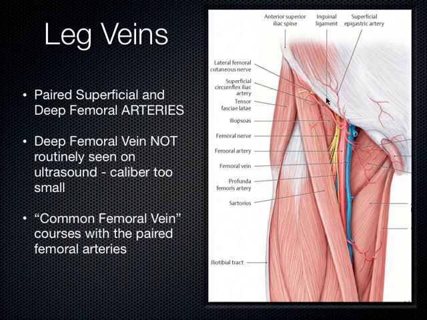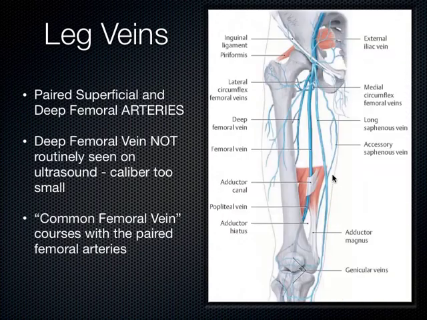And so we can see the common femoral vein very easily until it kind of dives down underneath some of the muscles and fascial layers more distally down the thigh. And so what happens when you get down into this adductor canal, or sometimes called the superficial femoral canal, it gets very difficult to insonate or to view the femoral vein.